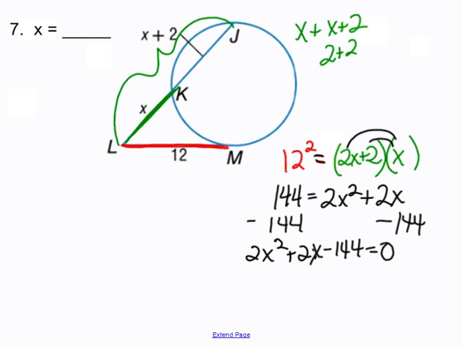What I'm going to do is divide all of these by 2 so I can get rid of that coefficient of 2 in front of the x.